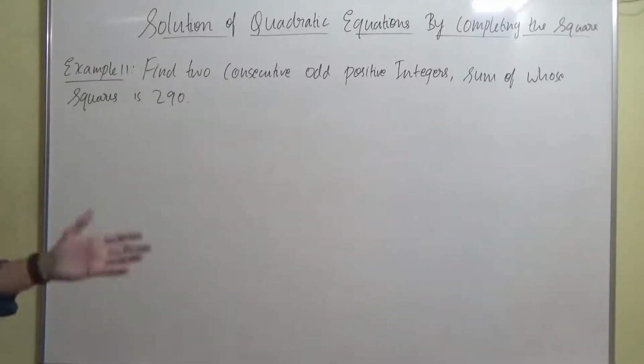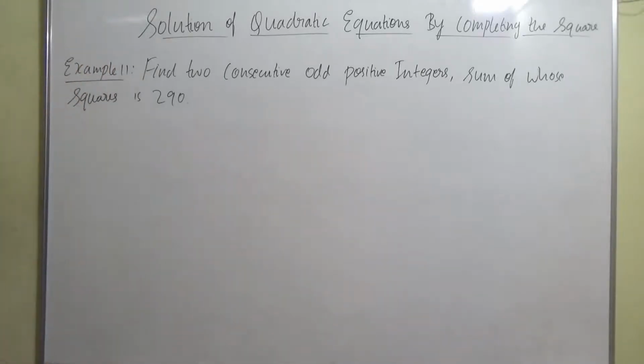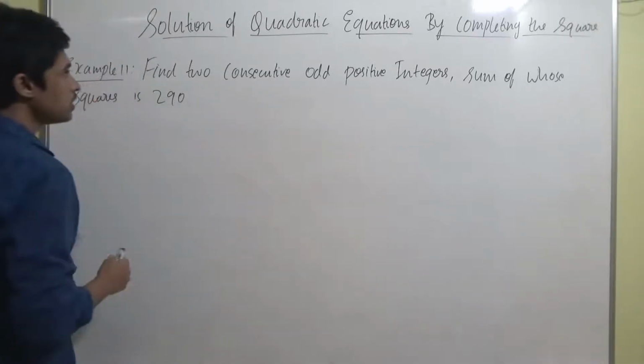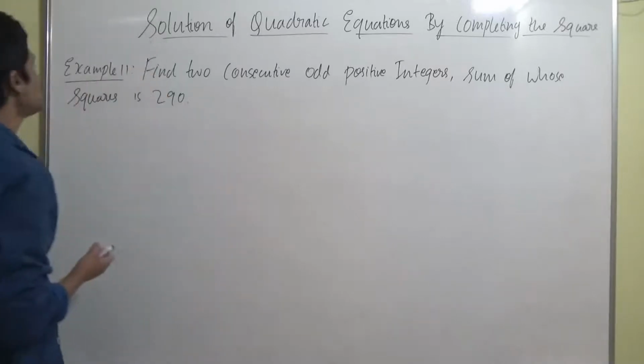Okay, guys, now let's go to example 11. Example 11 says find two consecutive odd positive integers, sum of whose squares is 290. Okay, guys, this will be solved using the quadratic formula method, right? So now they're telling us to find two consecutive positive odd integers, sum of whose squares is 290.